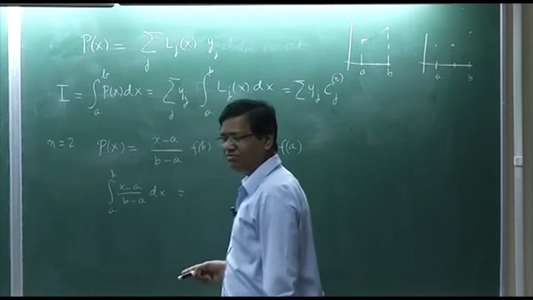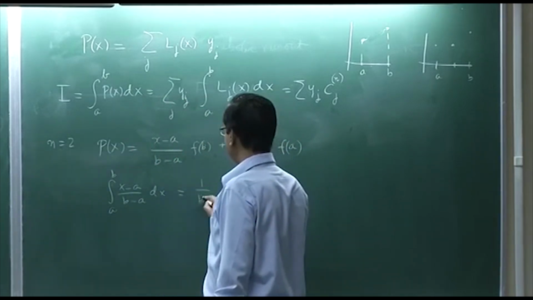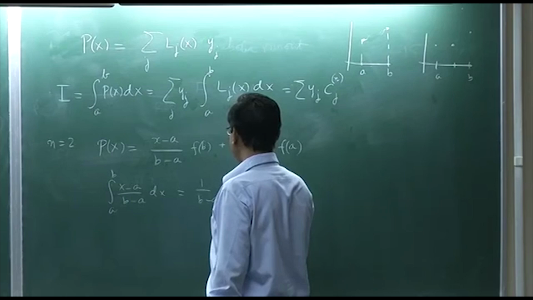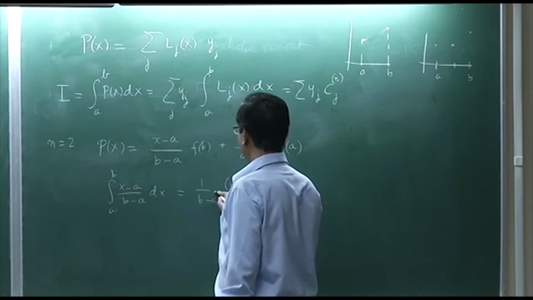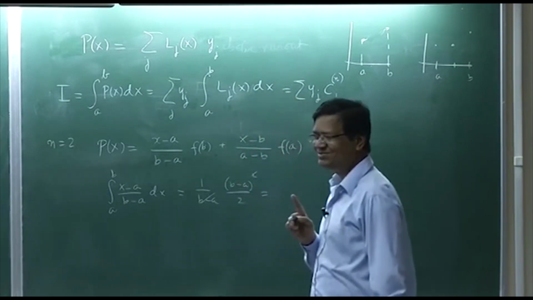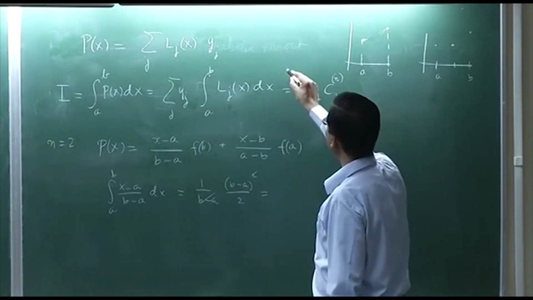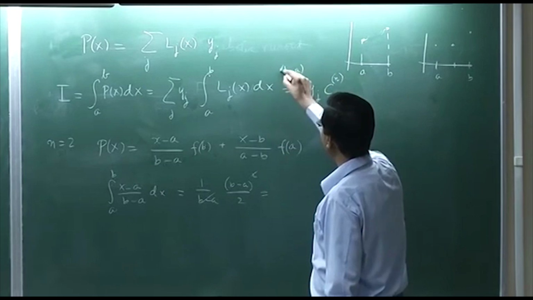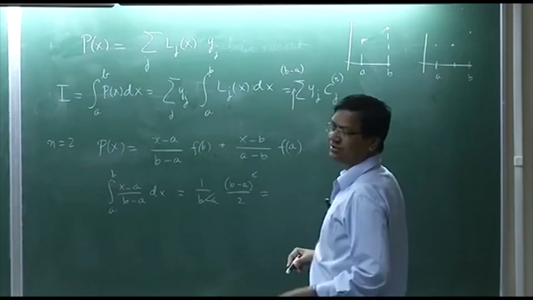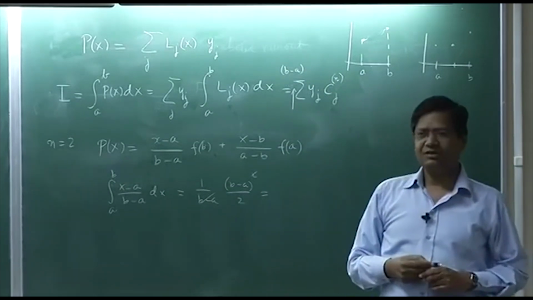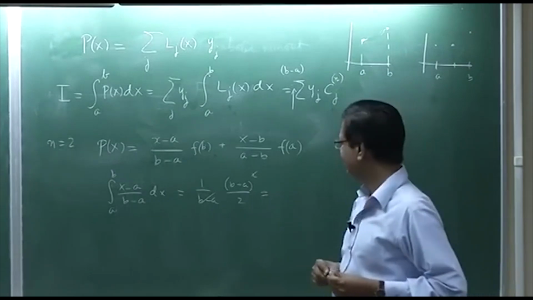This is straightforward, no? So 1 by b minus a, times b minus a whole squared by 2. I made one mistake, so this is multiplied by b minus a.